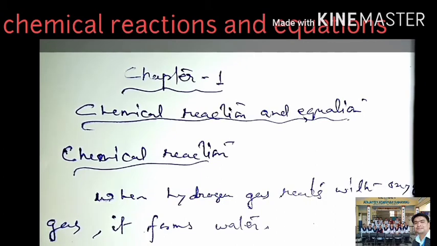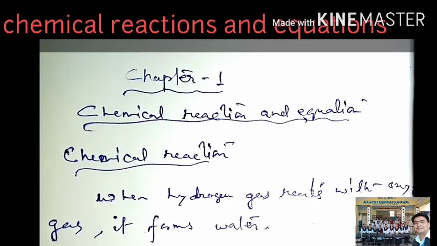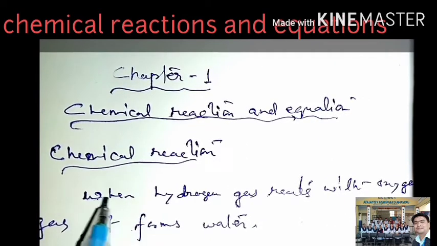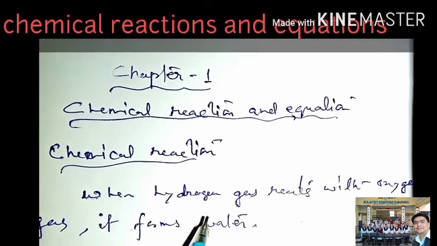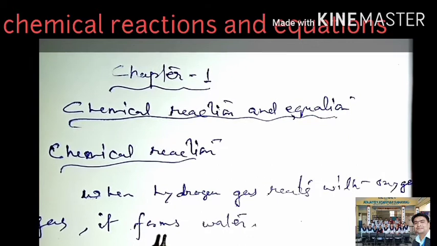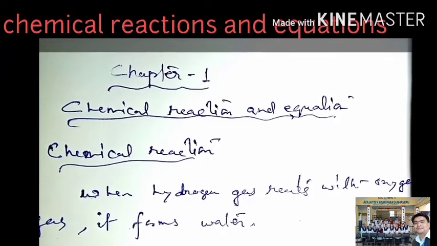Now, it is not always possible to write these chemical reactions in the form of lines. So, in order to modify them, we can transfer these chemical reactions into the form of equations.